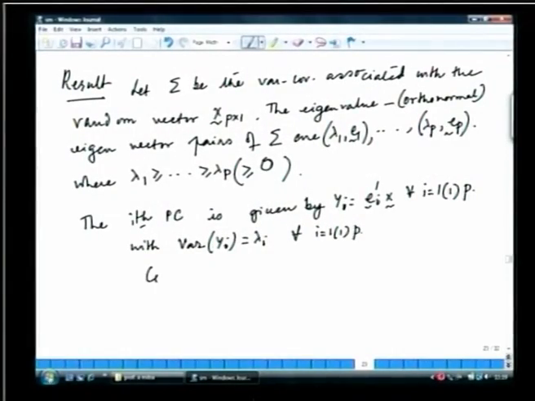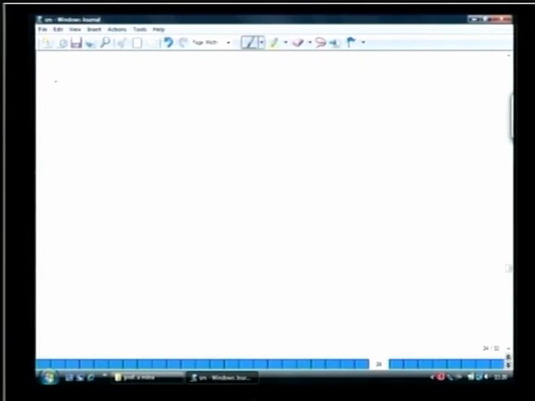And another thing was, whether these are uncorrelated, we will see that covariance between yi and yj will be 0 for all i not equal to j. Okay. So, let us prove this result. We have made a strong statement that the principal components are nothing but the linear combinations of x's along with the orthonormal eigenvectors simply of the dispersion matrix.